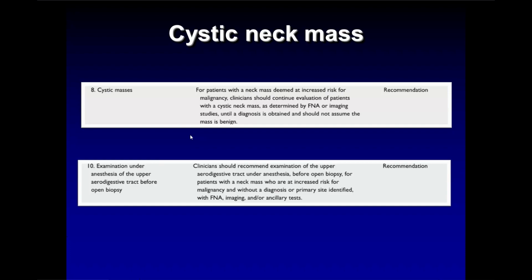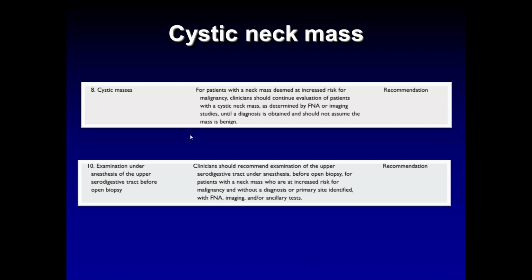So if you have an FNA that is equivocal or non-diagnostic, if you have an imaging study that merely shows a cystic lymph node, then I would, and these guidelines recommend, performing an examination of the upper aerodigestive tract under anesthesia before proceeding with an open biopsy.